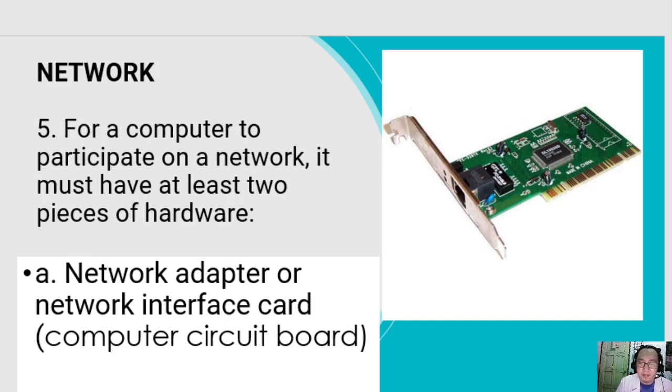PCs and workstations on local area networks, or LANs, typically contain this type of part. This is specifically designed for LAN transmission, such as Ethernet, if you're familiar with Ethernet.